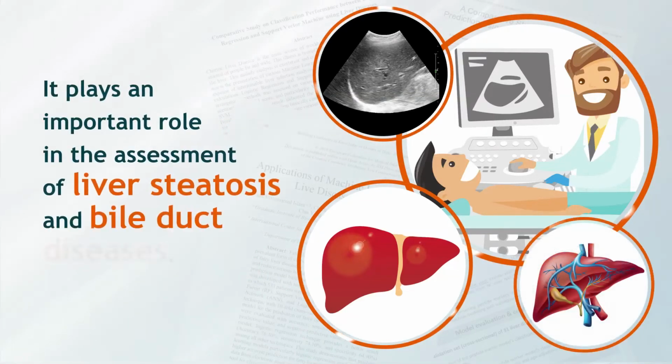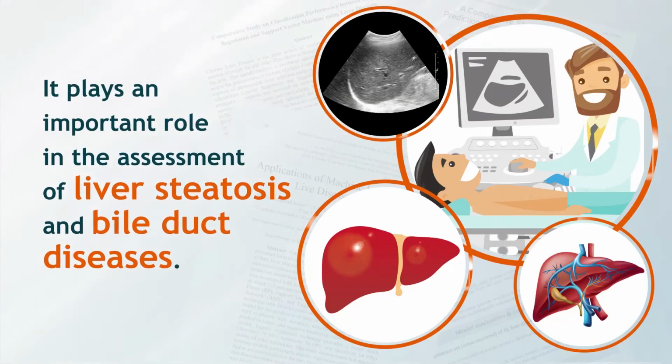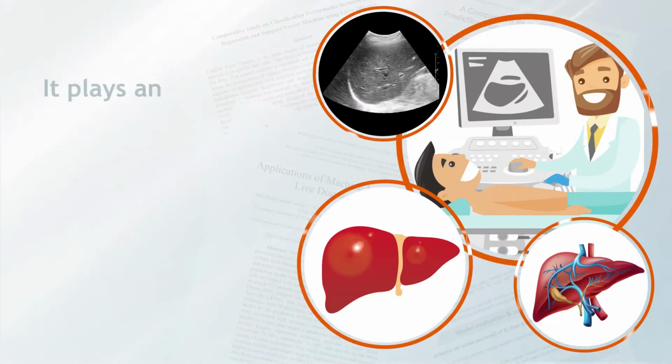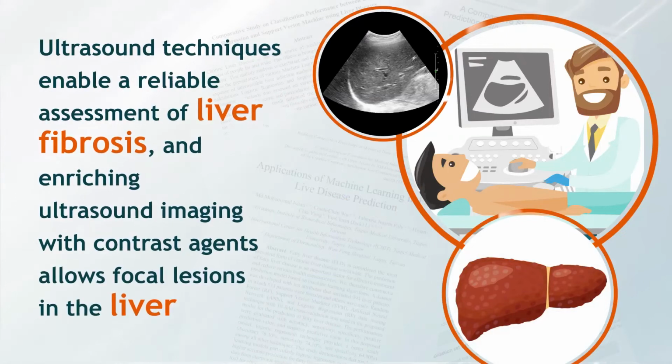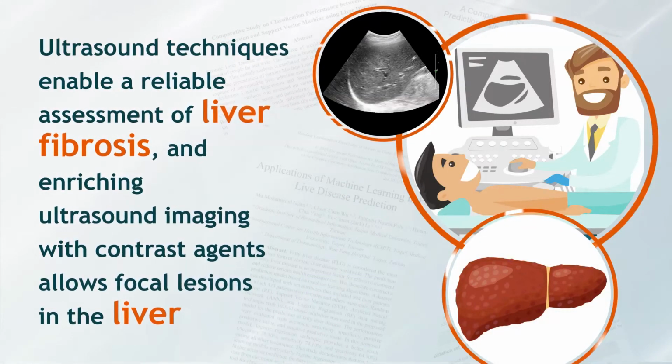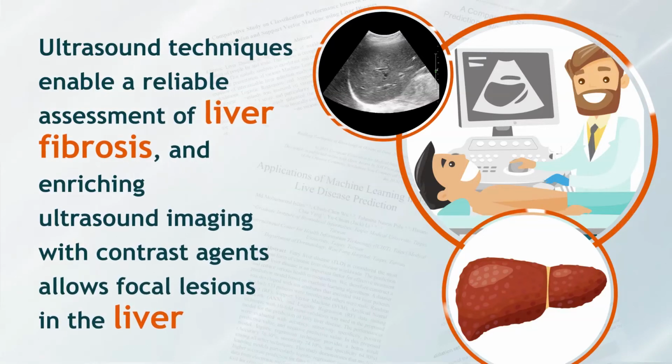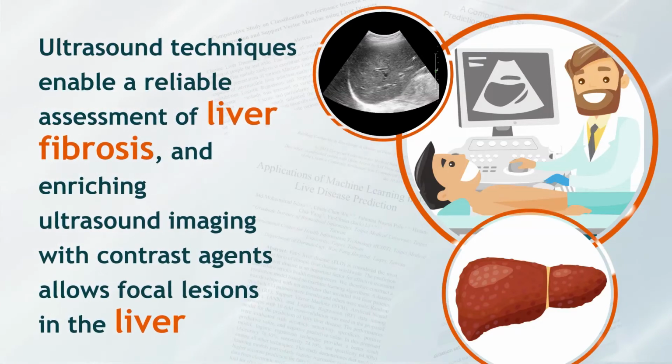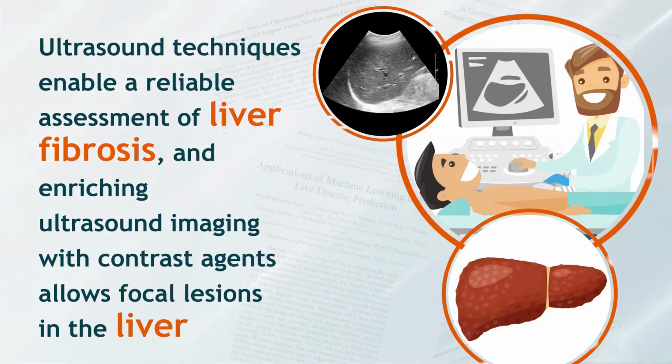It plays an important role in the assessment of liver steatosis and bile duct diseases. Ultrasound techniques enable a reliable assessment of liver fibrosis, and enriching ultrasound imaging with contrast agents allows focal lesions in the liver to be identified and differentiated correctly.